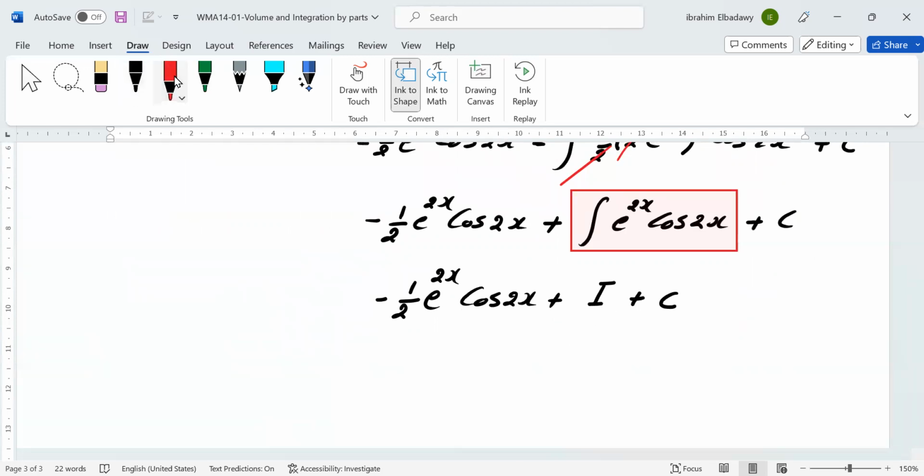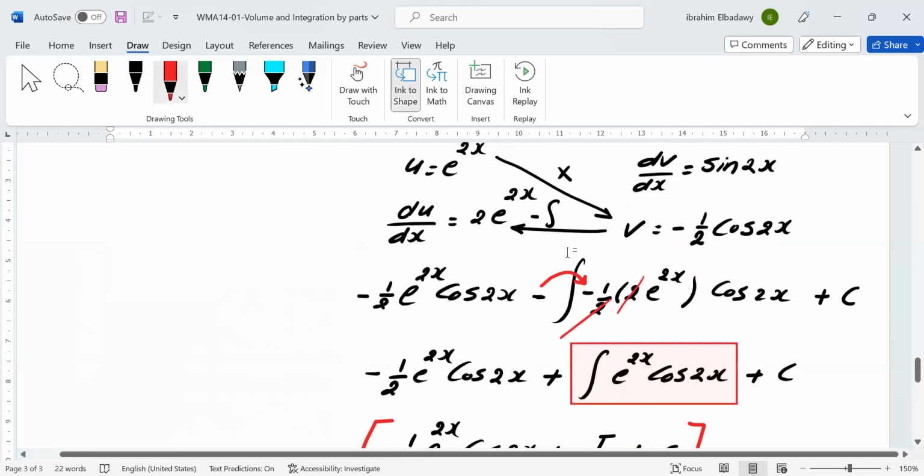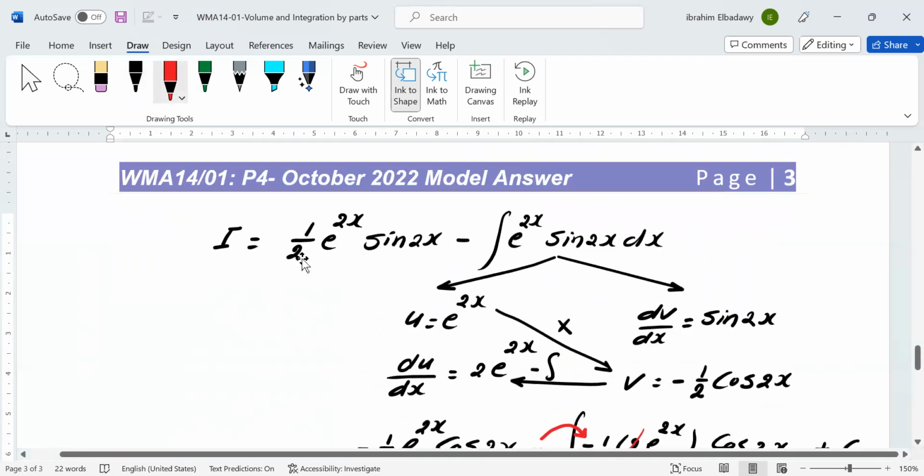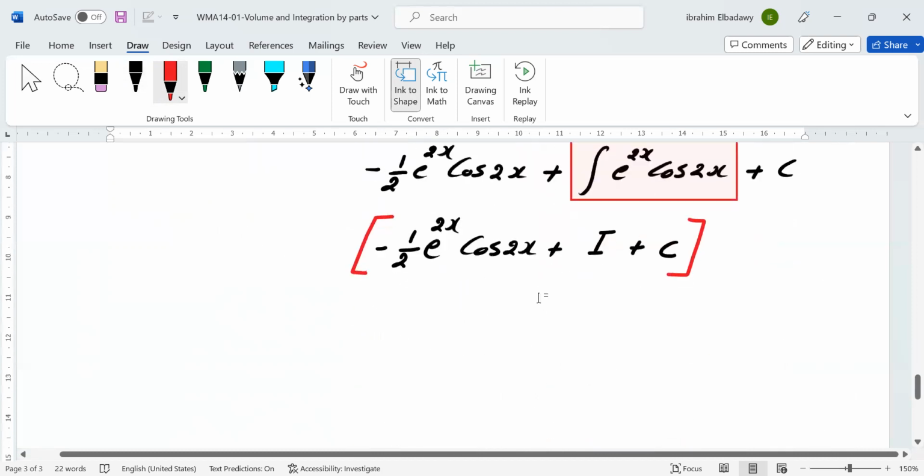Okay, this part should be returned back to the original formula, which is here. I equals half e^2x sine 2x minus integration, and this integration equals the part here.